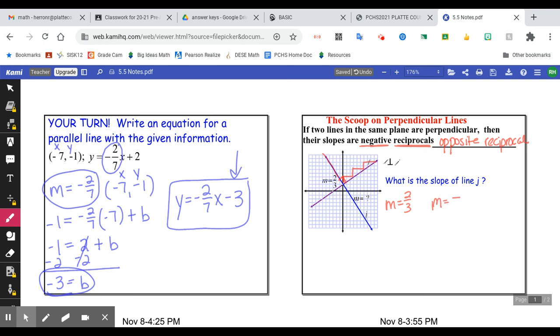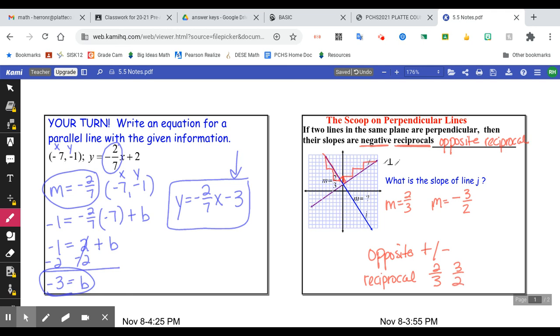Now, the other part is it's a reciprocal. It goes down 3, right 2, down 3, right 2. So it's negative 3 over 2. Opposite means that it has flipped from positive to negative or negative to positive, and reciprocal means that it has actually flipped over. So if it's 2 over 3, it becomes 3 over 2.